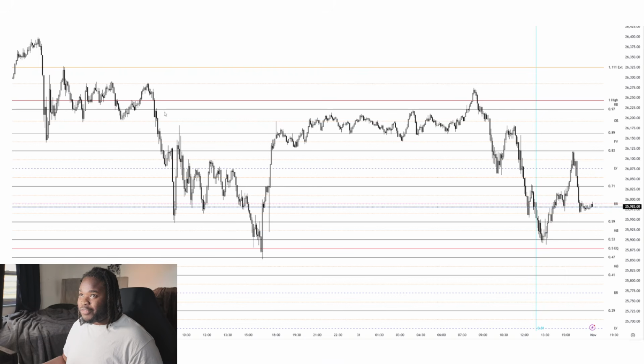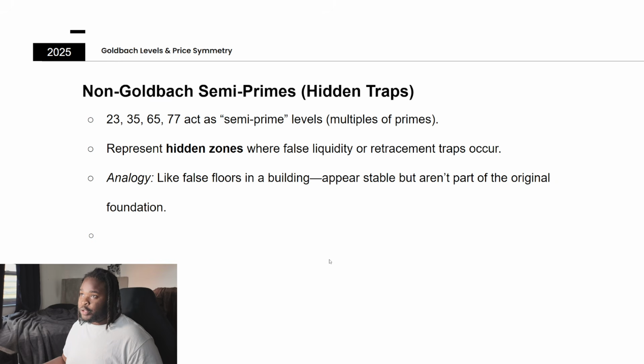I don't know if you can follow what I'm saying. So we're in the 65 semi-prime. We stop here, regenerate liquidity. We take them out, reject off of a Goldbach level, impulse higher to take out the other side. So like we said, they represent hidden zones where false liquidity or retracement traps occur.